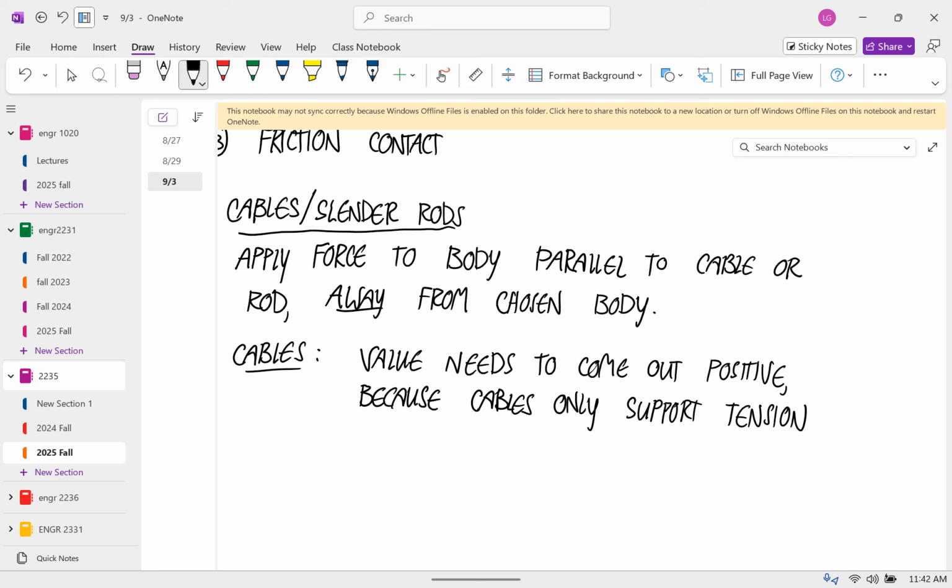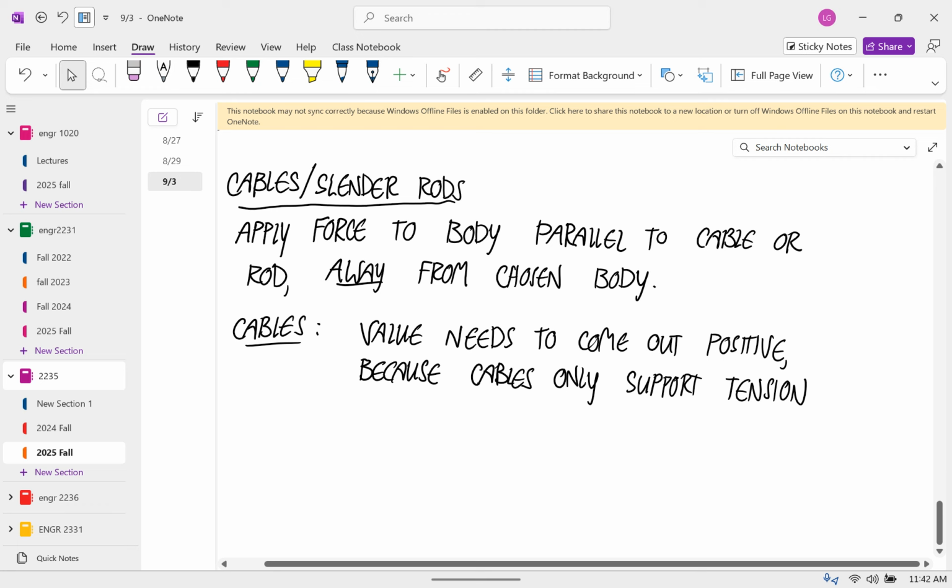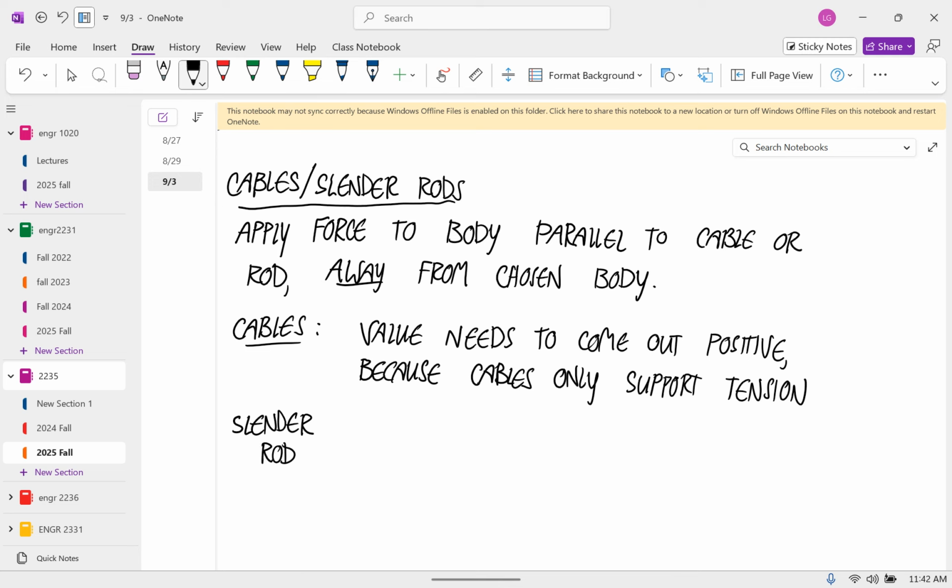For a slender rod, the value can come out positive if the rod is in tension.